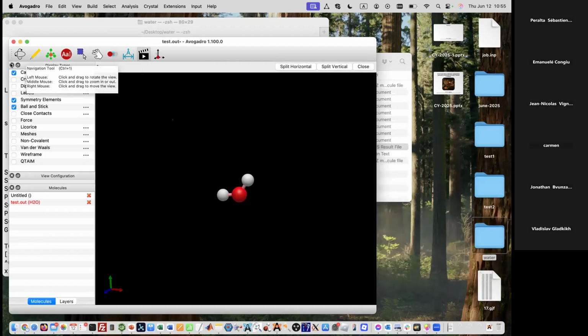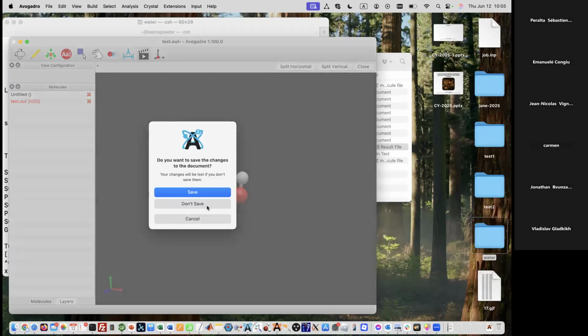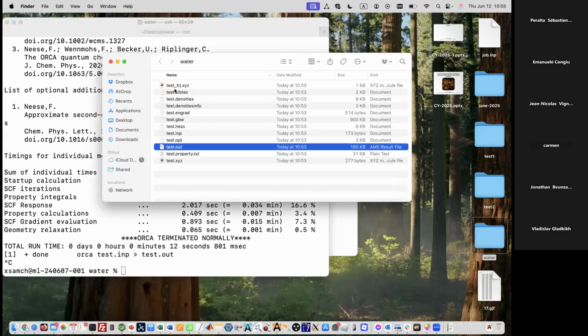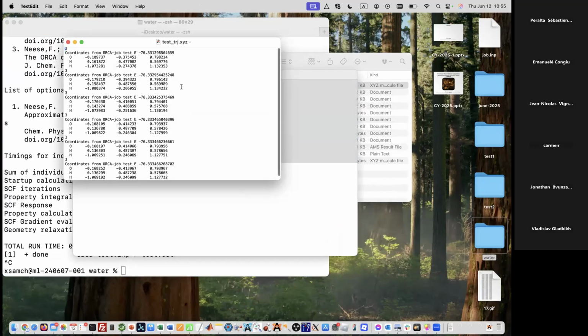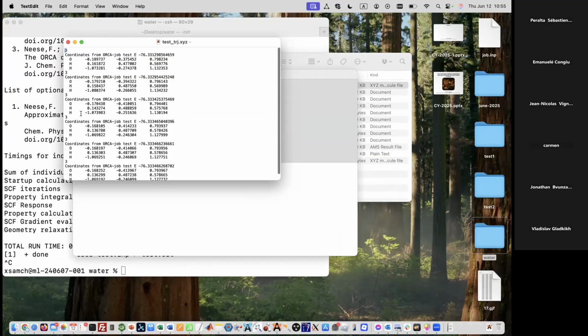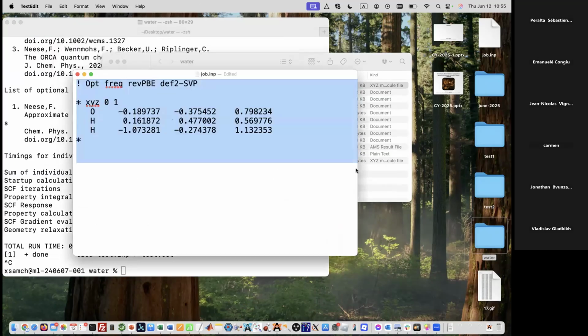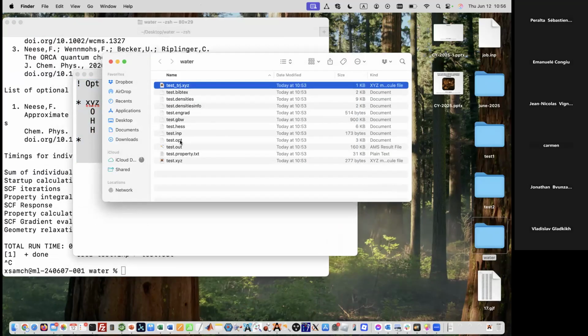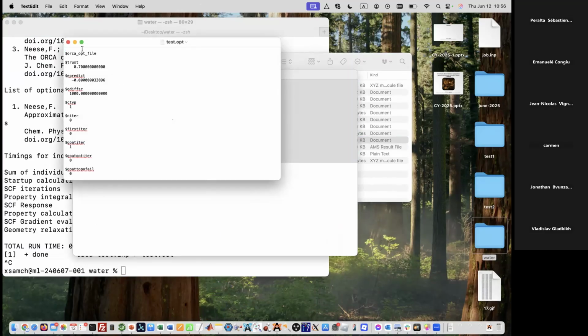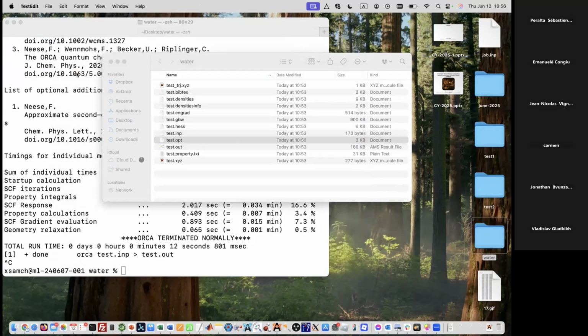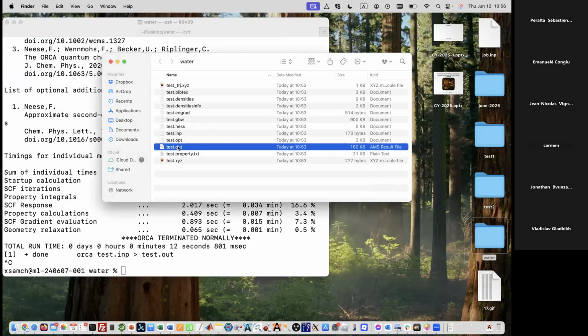Okay, so let me open it again. If you look at the trajectory file here, you can see optimization has 1, 2, 3, 4, 5, 6. So optimization converged in 6 steps, and if you check the convergence criteria in the output file, it's always important to check.